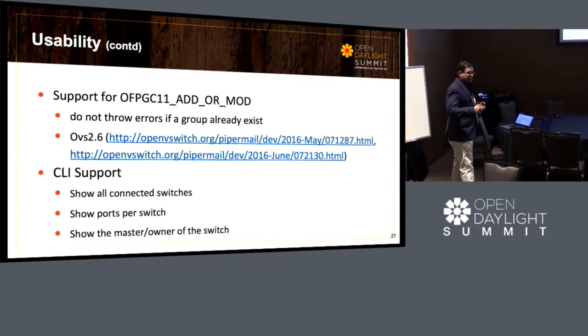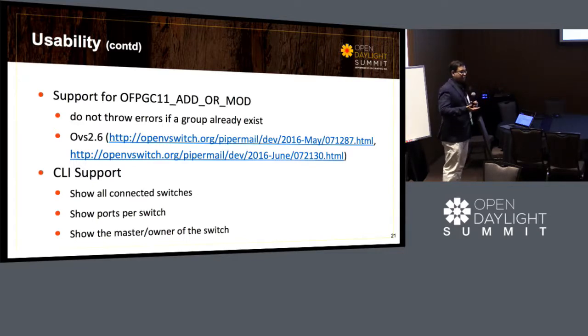That actually fails because the switch already has them. It could also be possible that the groups have been modified during the time the connection was not there, so we require some kind of a mod to be sent. Currently, for the controller, the implementation is difficult because the controller doesn't know whether the switch has the group or not. So we have a new action called add or mod.